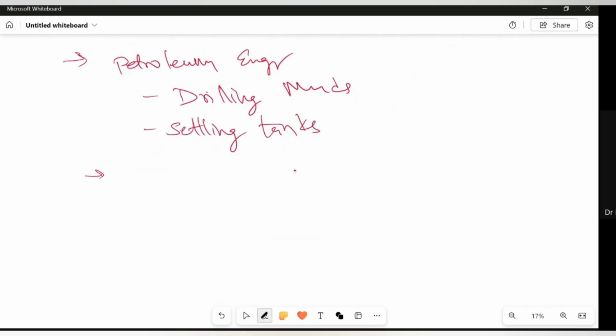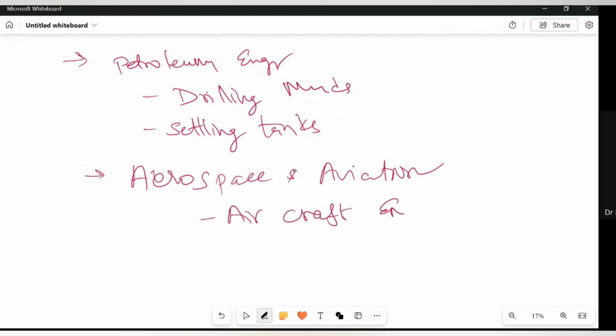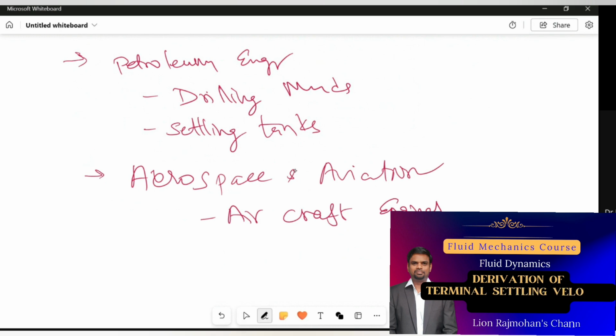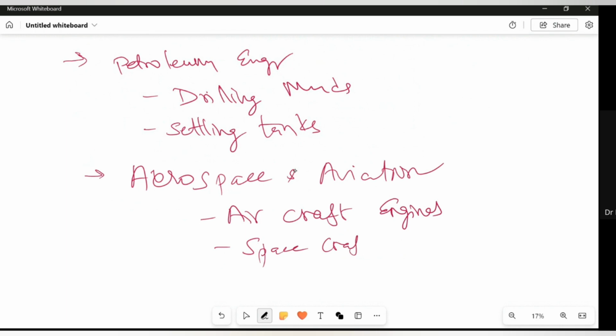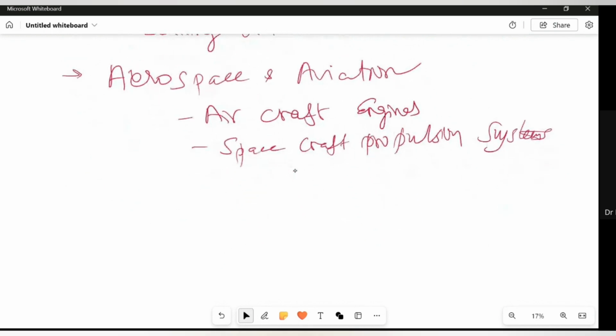Also in aerodynamics, aerospace and aviation, particulate separation systems for aircraft engines and spacecraft propulsion systems, this Stokes law is used.